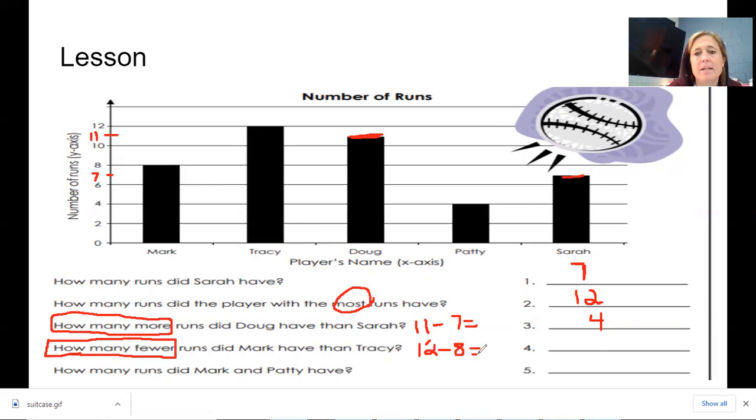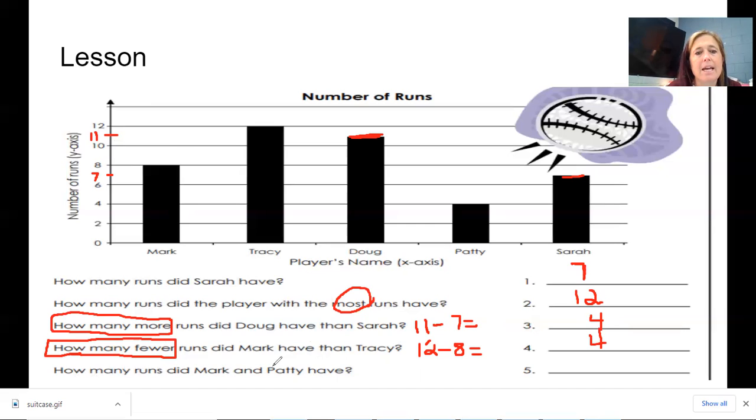Okay, so it's the same thing as this. It's just this time instead of saying how many more, we're saying how many fewer. Okay, because Mark has less than Tracy. So now we're saying 12 minus 8, which is 4. So our number here is also 4. We could have also gone over here to Mark and counted till we got to Tracy, which is 2, 4, right? Because we're counting by twos.